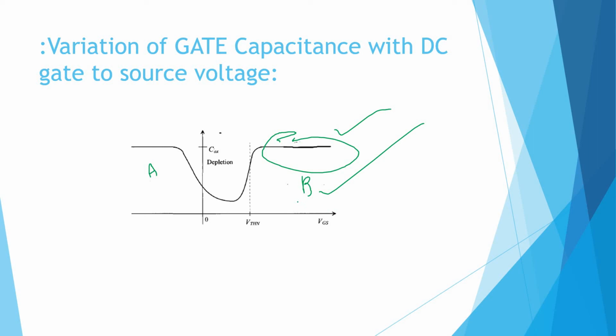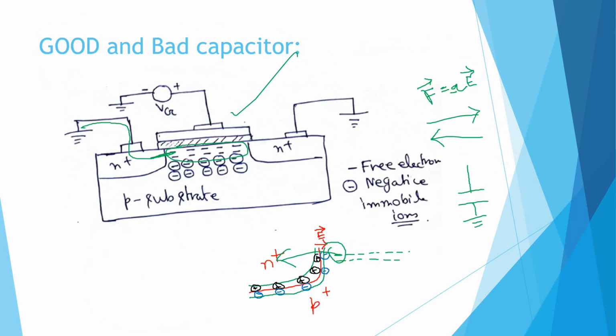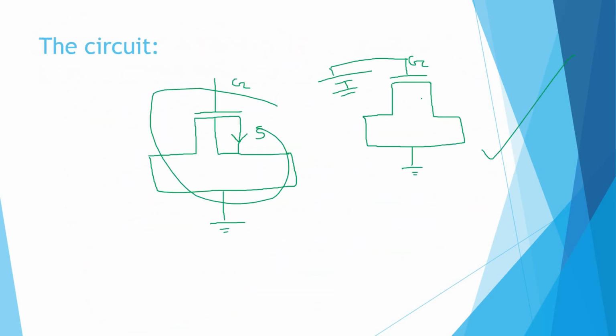You just keep this concept in your mind, and if you want to know how the graph came, how gate capacitance varies with applied gate to source voltage, keeping source and drain as grounded. Always I am stressing this term to keep source and drain as ground. Okay, then only this structure will look like this, and we can use the MOSFET as capacitor.